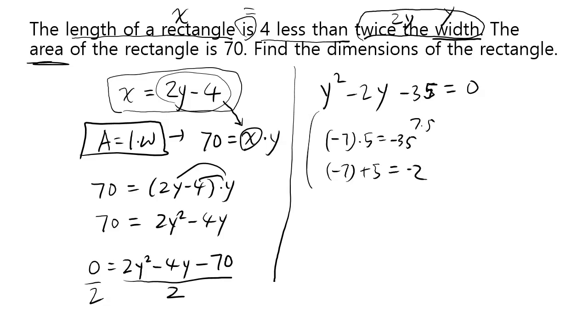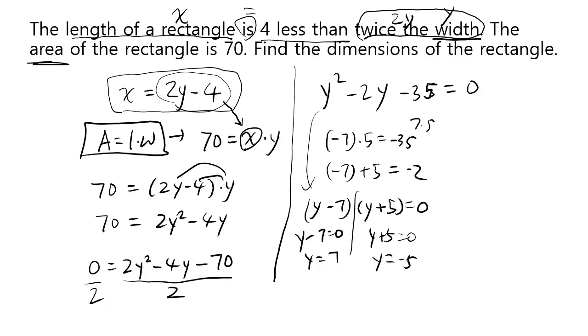That means this now factors as (y minus 7)(y plus 5) equals 0, and then you can solve this: y minus 7 equals 0, so y is 7; y plus 5 equals 0, so y is negative 5. But y is a width, and width can never be negative, so this is a no-no. Width is positive, and therefore y must be 7. And if the width is 7, what is the length?